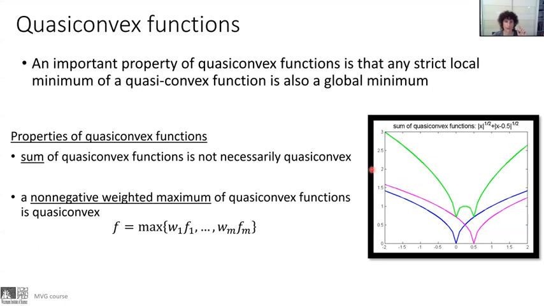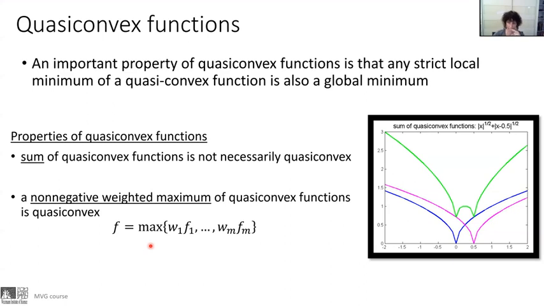So we have the important property that any strict local minimizer of a quasi-convex function is also a global minimum, and that if I take a non-negative weighted maximum of quasi-convex functions, I have another quasi-convex function. This is going to help us a lot in the derivation of the optimization scheme.